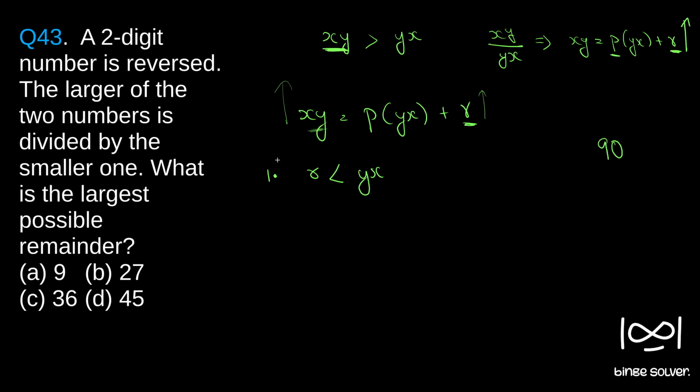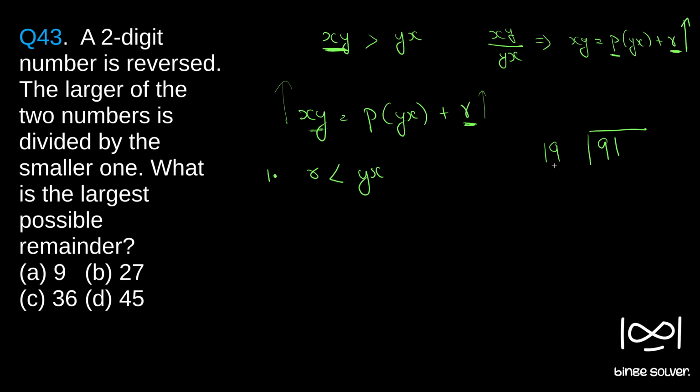It has to be 2-digit, so 90 plus should be the number. On reversal we get 9 as the other number, so that is not 2-digit, so that is not possible. So let's take 91, just to explain the concept. We get 19.